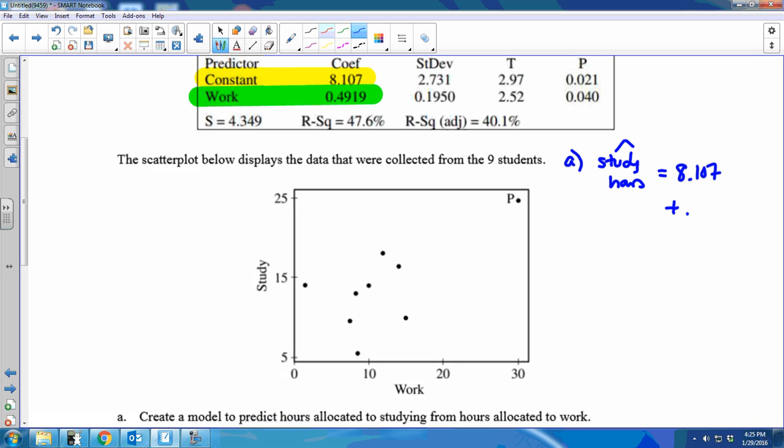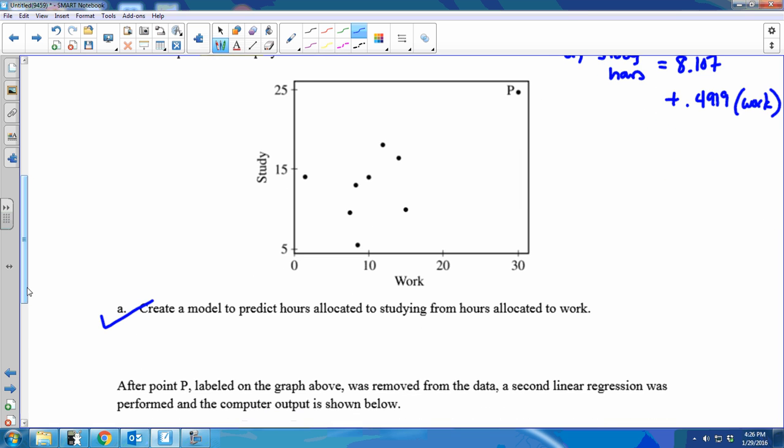So plus 0.4919 times work hours, or whatever you want to write that as. Sorry, technical difficulties, because my pen wants to stop working today, obviously. There is the model. That is the answer to part A.